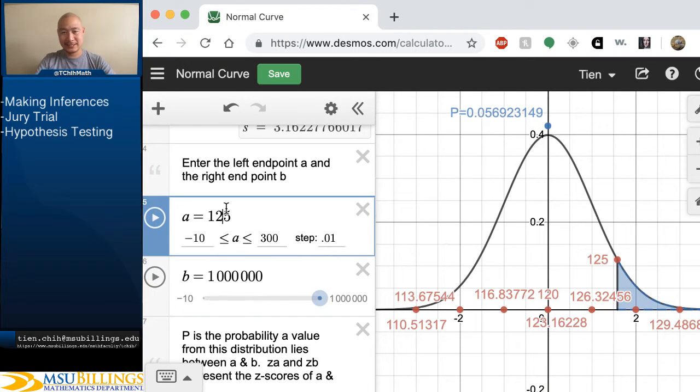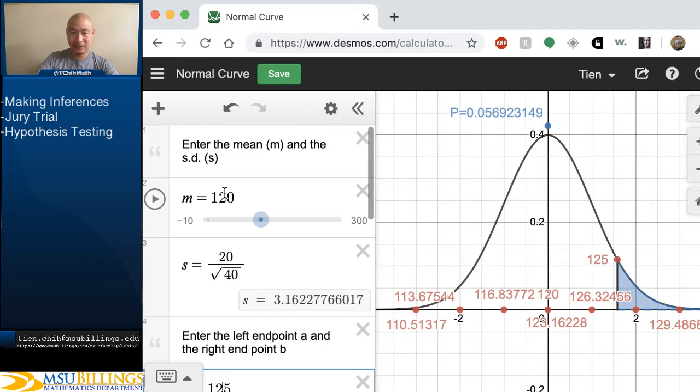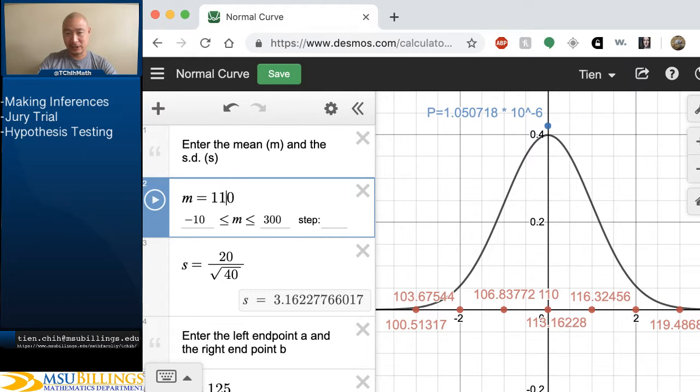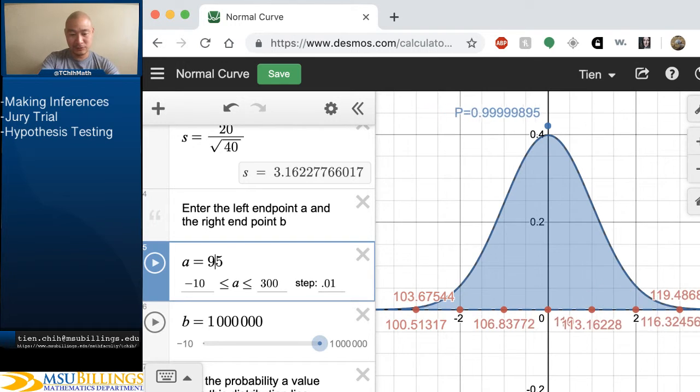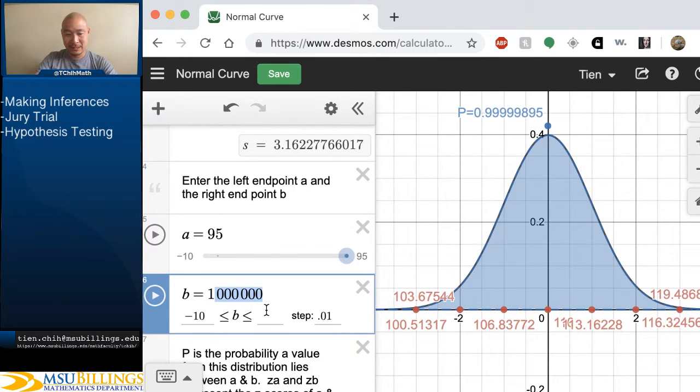And for now, that might be easier. So in this case, let's say our mean is 110. We got all the exact same data. So the two things I could do is I could go between 95 and 125.